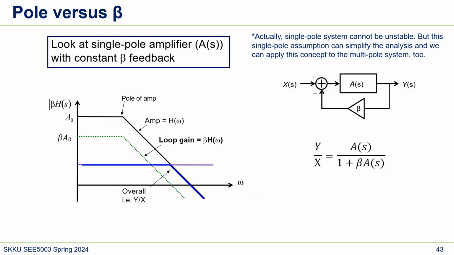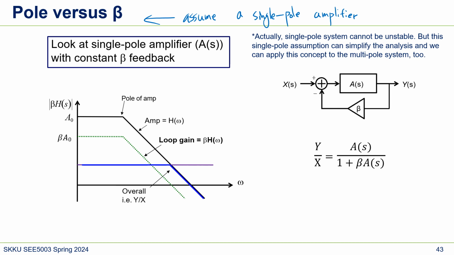Now let's discuss pole versus beta. Here assume a single pole amplifier. So look at the single pole amplifier with a constant beta feedback. With this feedback system, the overall transfer function looks like this, and we calculated it in previous slides when we talked about the benefit of feedback.